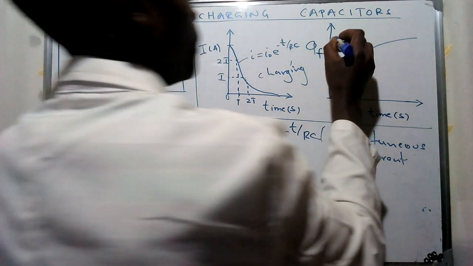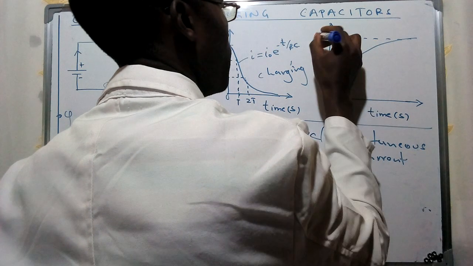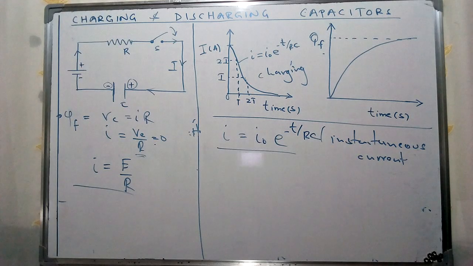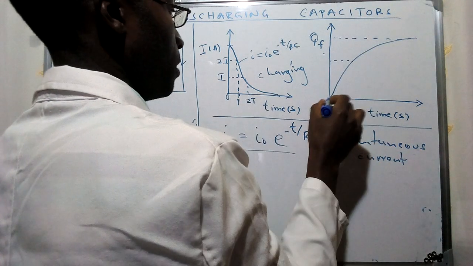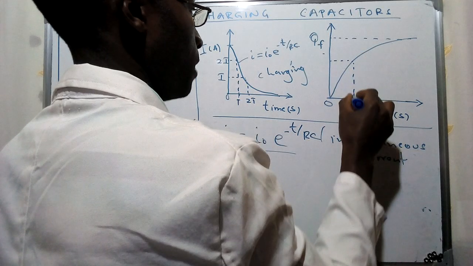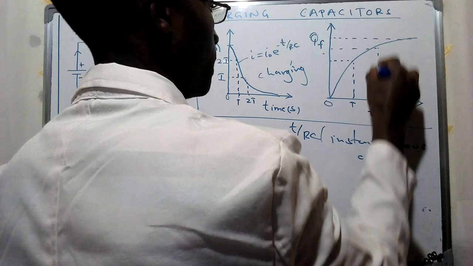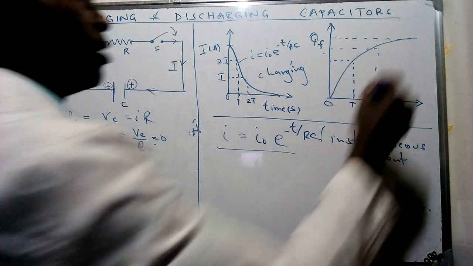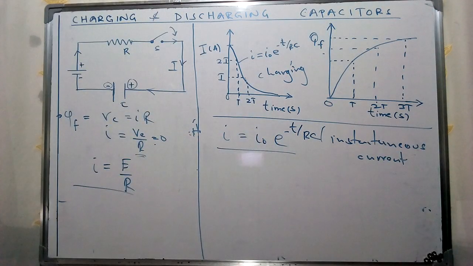At the maximum, we're going to have the Q final, or the final charge, which is indicated using that particular graph. As time goes by, this charge is going to be accumulating in that specific nature, as we have shown on the board.